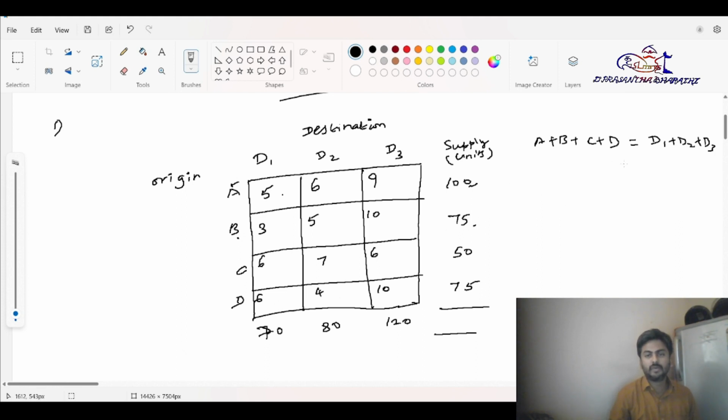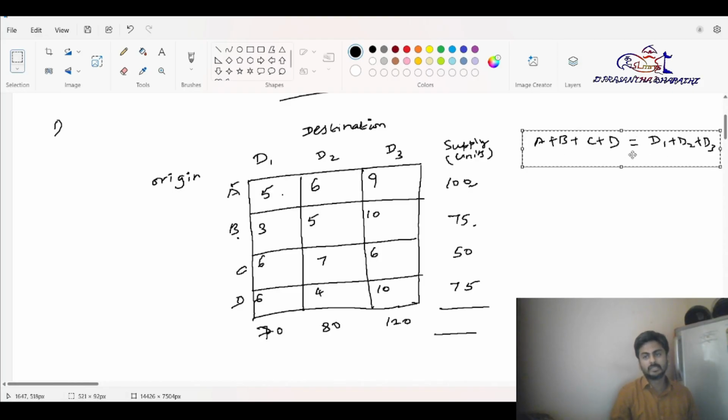If these are equal, then you can say the given problem is balanced. If these are not equal, then you cannot say the given problem is balanced. So you have to check this.